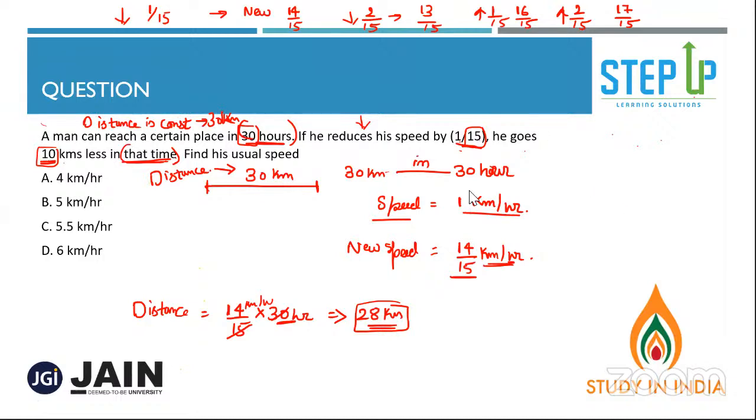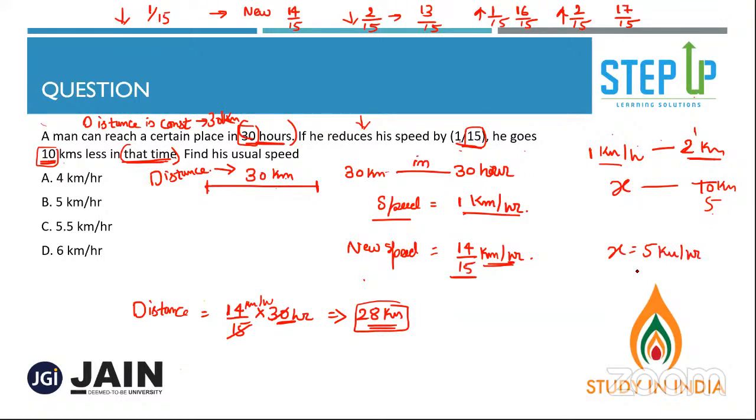When the usual speed was 1 kilometer per hour, the distance he covered less is 2 kilometers with respect to 30. So 1 kilometer per hour gives 2 kilometer less; 10 kilometer less will be what? 2 by 1 is 10 by x, so x is equal to 5.